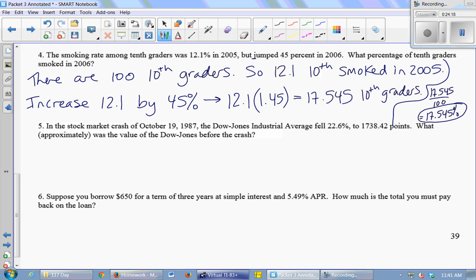So that's a big, really helpful thing to do when you're dealing with percentage problems. If you have an unknown quantity, maybe just let it be 100, and then increase and decrease it by whatever percentages.